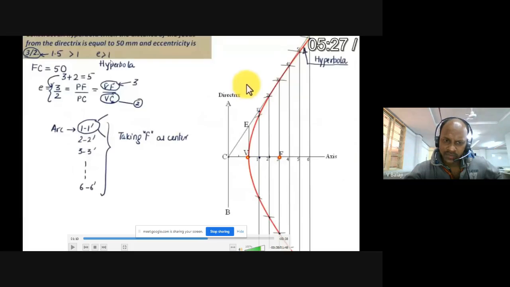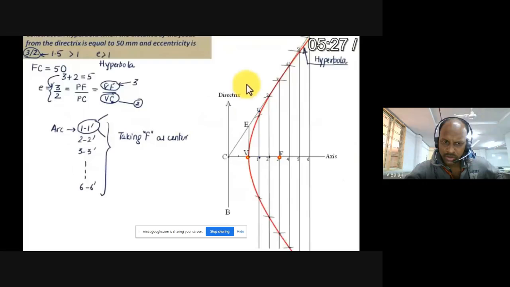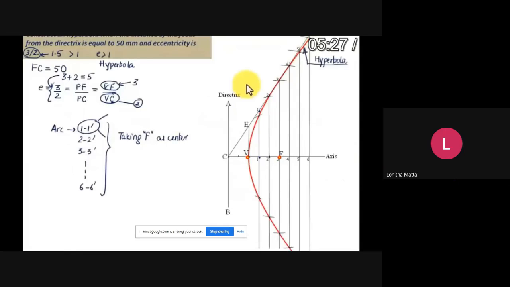You need not write everything on the drawing sheet. You can use some rough paper to calculate. In the exams, only this particular drawing, so axis, directrix, all, you need not write anything on the paper. Okay, sir. Thank you.